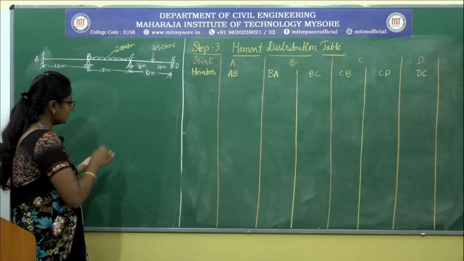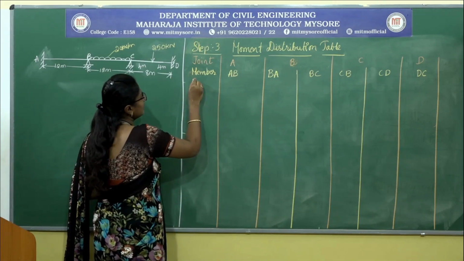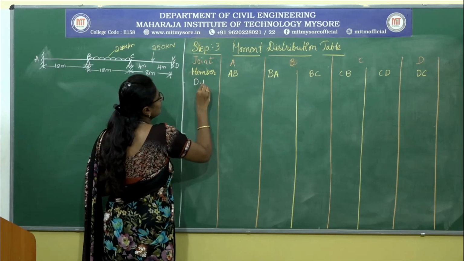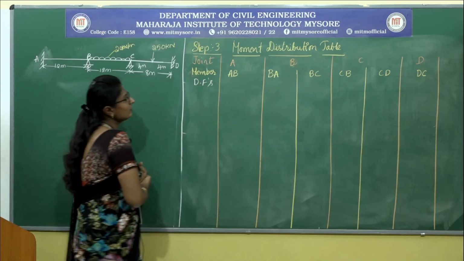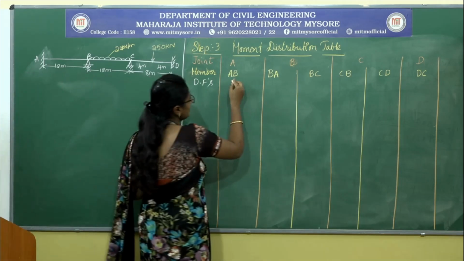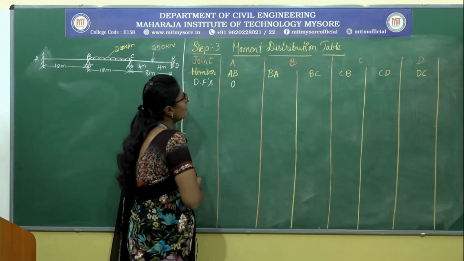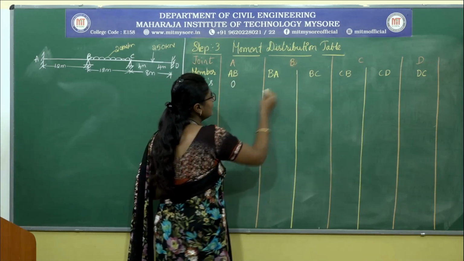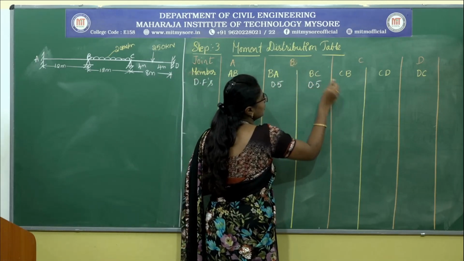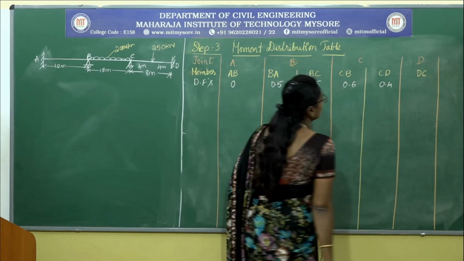Next, after this we need to write down the distribution factors calculated for each member. Distribution factors. So, what is the distribution factor value for AB? Since it is considered as 0, BA we calculated it as 0.5, BC is also 0.5, CB it is 0.6 and 0.4.